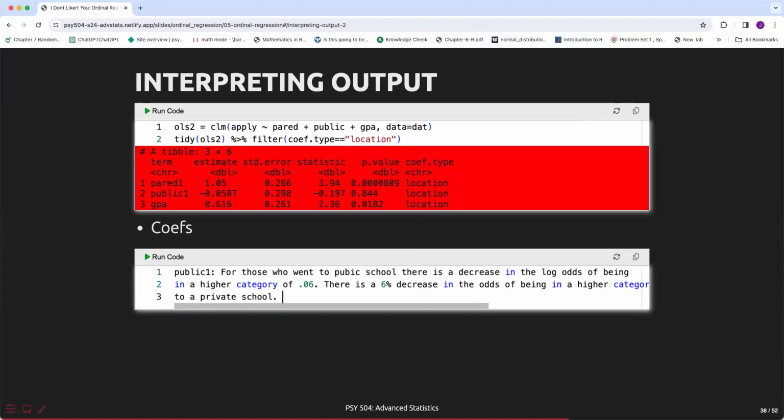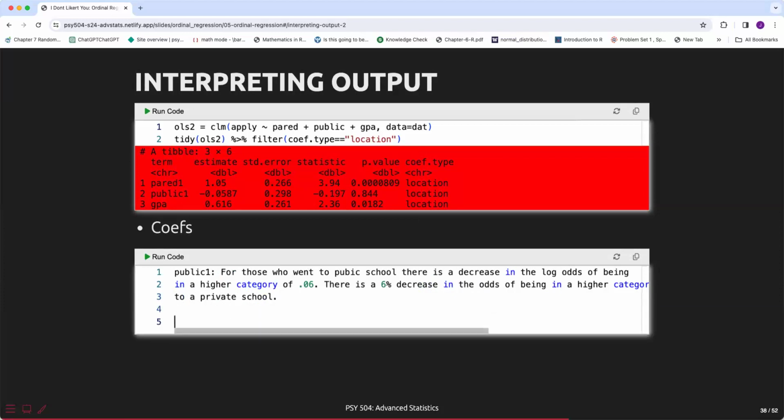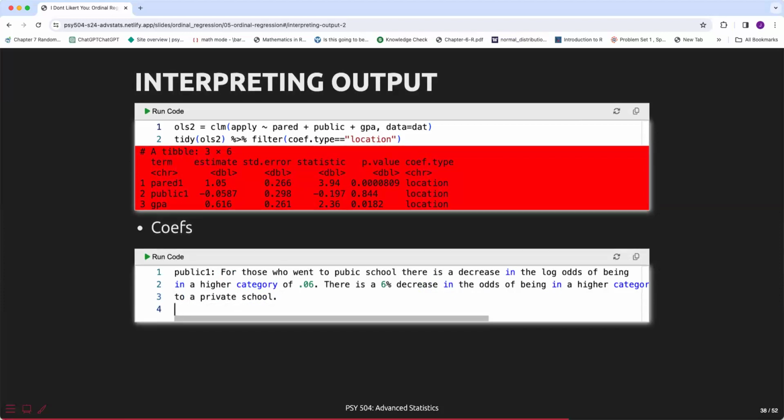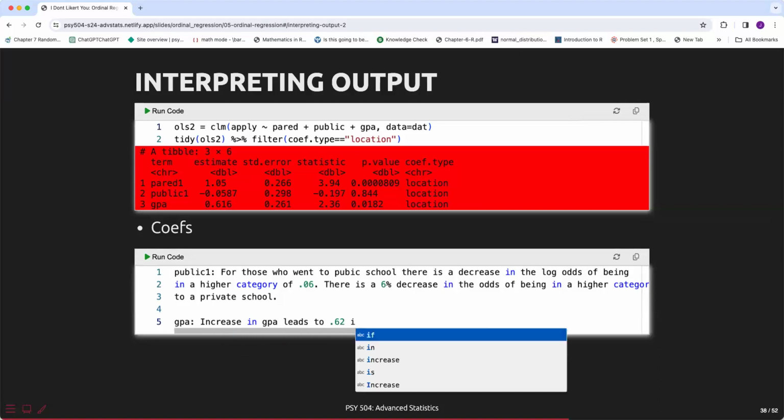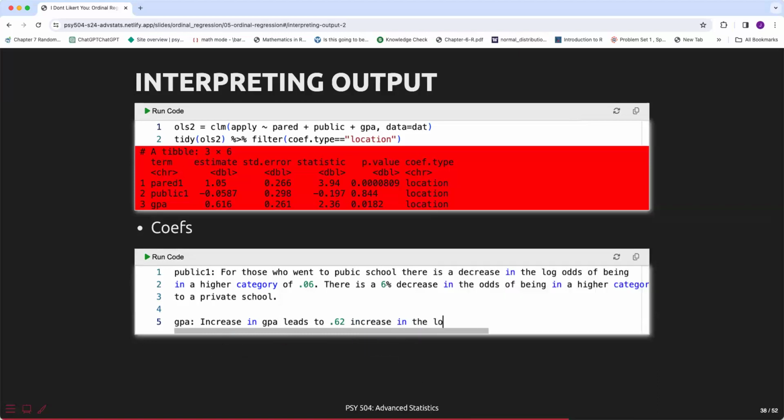Right? So I think that it's a little bit more intuitive to talk about odds ratios in terms of percentage increases and decreases. We could definitely talk about it in terms of the odds ratio itself, but I think talking about a decrease or increase is a little bit more intuitive. So what about GPA? We could say an increase in GPA leads to a 0.6 or 0.2 increase in the log odds of being in a higher category, right?